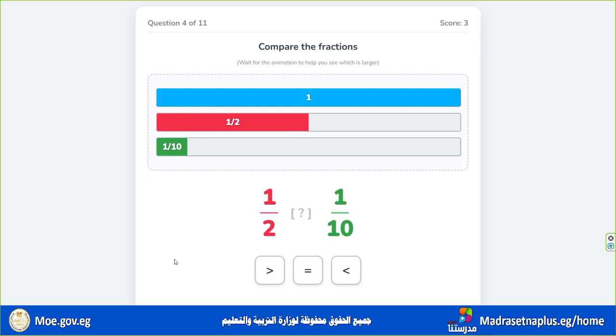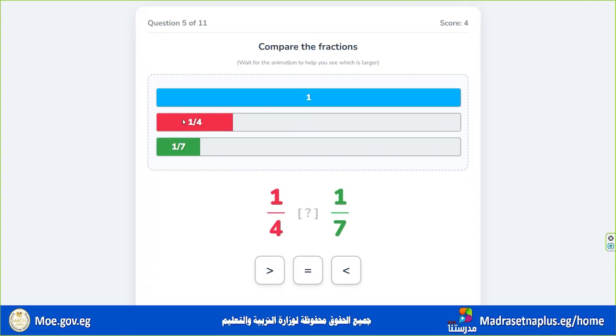Next, 1/2 and 1/10. Easy. 1/2 is greater. Look at this green part. Green is smaller than red, or red is greater than green. So 1/2 is greater. 1/4 and 1/7.